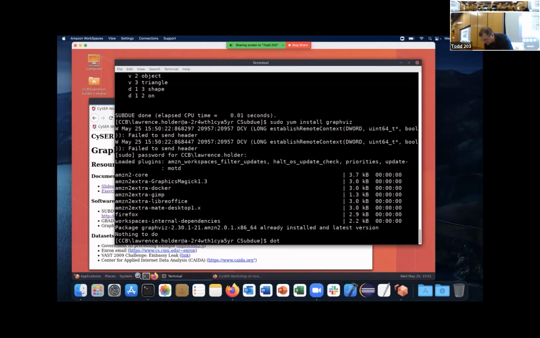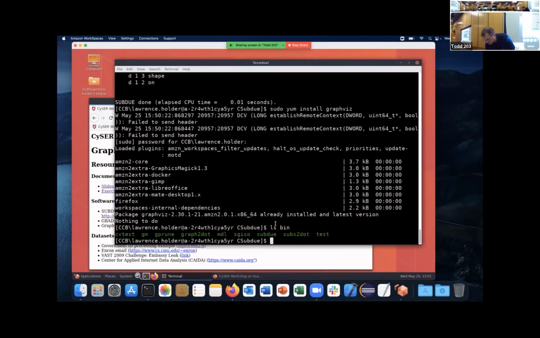So there's a couple of programs. There's this graph to dot, which will just take a graph and convert it to dot format. And then there's the subs to dot, which will take the output of subdue and convert it to this dot format.